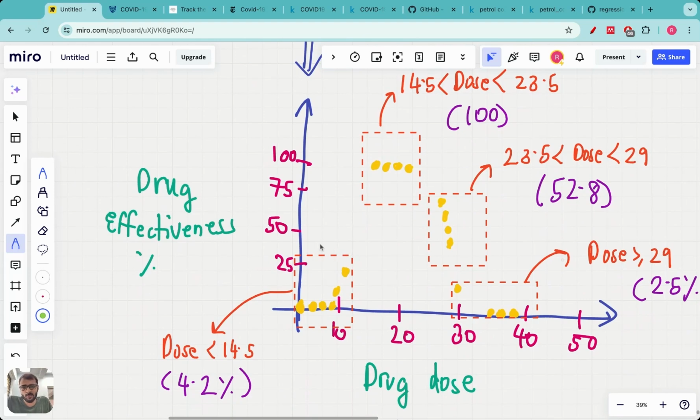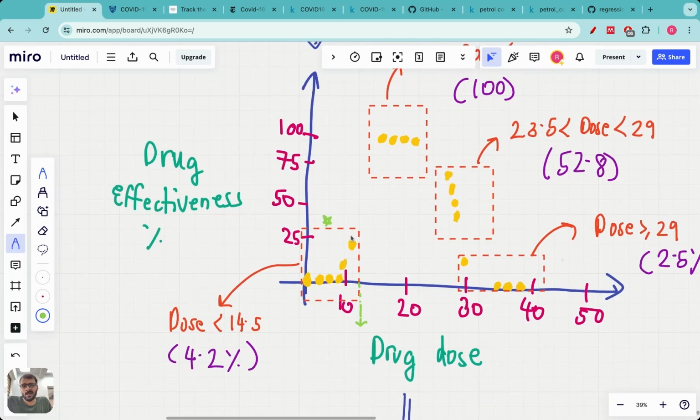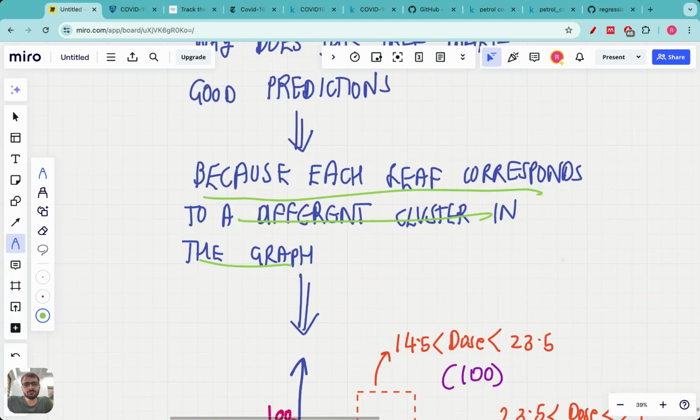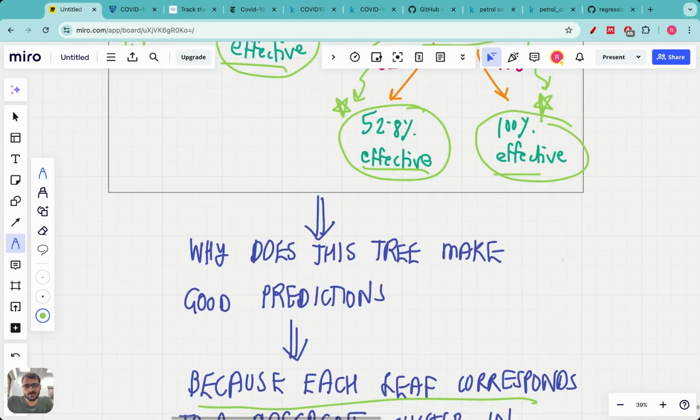In this first bounding box which I've shown here, the dose is less than 14.5. Look at the x-axis. For all of these points, the dose is less than 14.5, and for all of them, the value is close to 4.2%. That's why we are very confidently saying that if dose is less than 14.5, the drug effectiveness is 4.2%. Great. Now let's look at another cluster.